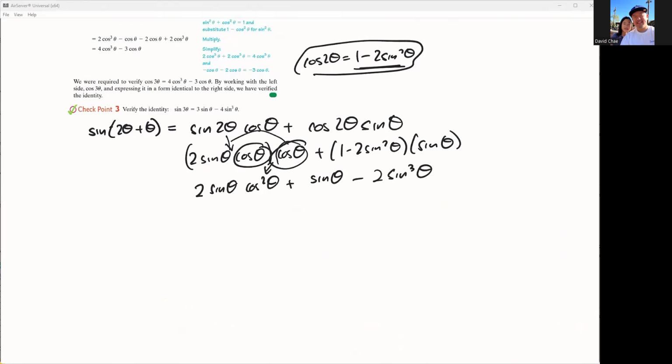So we want to get everything in terms of sine. Okay, so we have a cosine here. This is the odd man out right there. So it'd be what? 2 sine theta, and 1 minus sine squared theta, plus sine theta minus 2 sine cube theta.